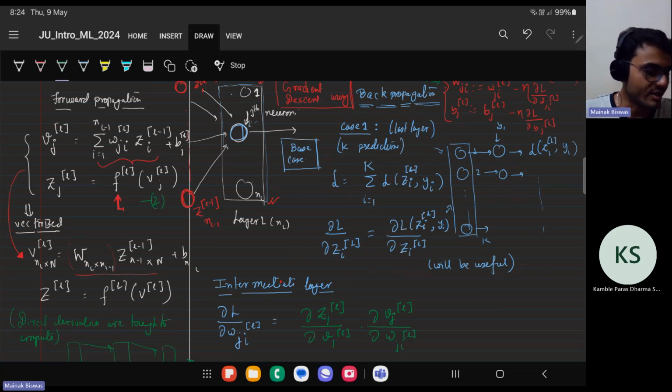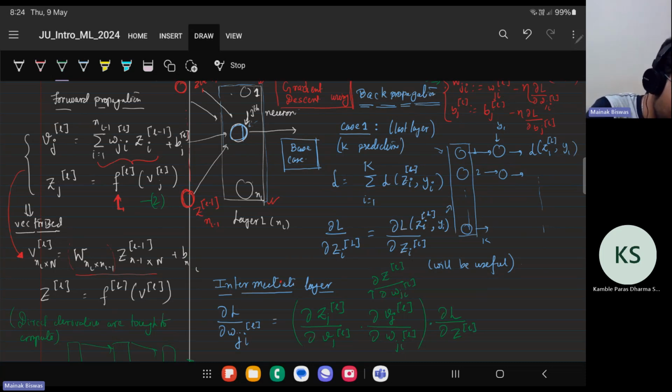For the jth derivative, I'll get it from these numbers, right? And then you see this is nothing but tau z l and tau w ji l. So now if I somehow know this value tl dz_l, I'll be done.